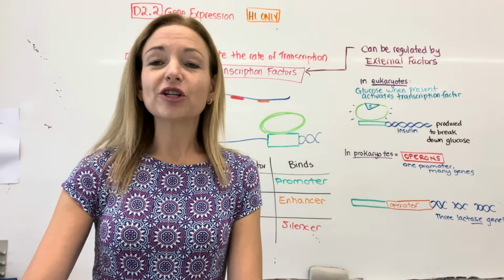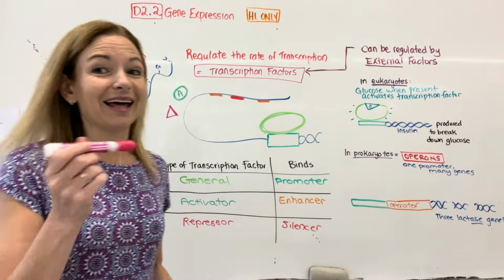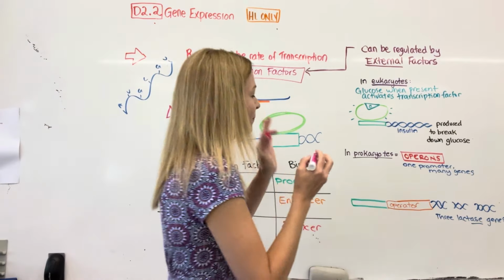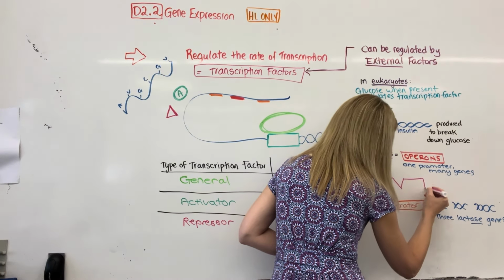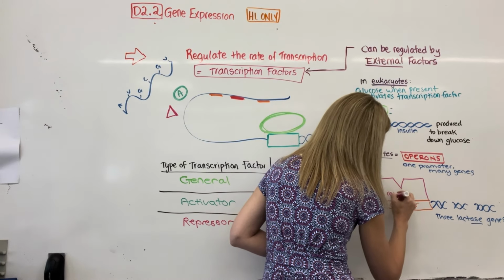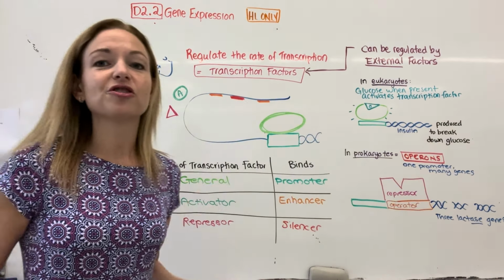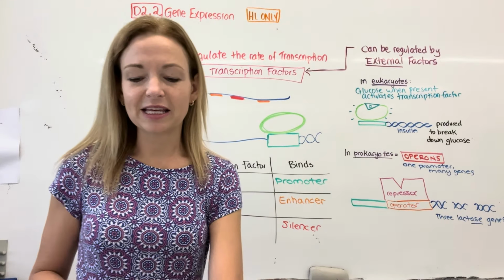So rather than using a transcription factor, they use something called a repressor, which is like a transcription factor, but they just don't call it that with prokaryotes. They have a protein that will sit on the operator. Remember, ours is all the way downstream. Prokaryotes are a little bit simpler, so they have this option for it to sit there.